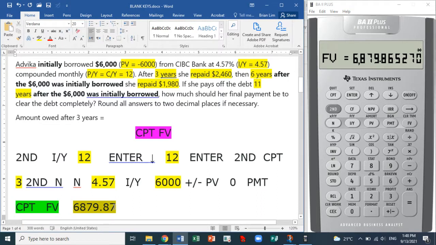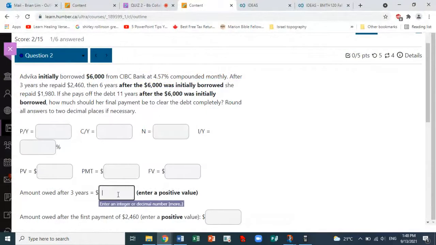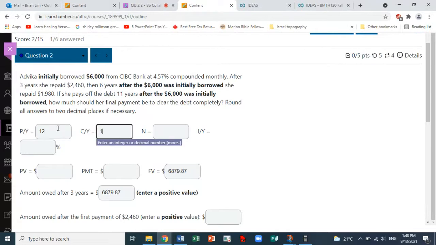All right. And then we go ahead here and we delete that part. Okay, so 6879.87. That is what it would be when it's rounded. So let's go back here. Now, after 3 years, that would be the amount. And that would be the same amount that would be in here. Okay, so PY is 12 because it's compounded monthly. CY is also 12.